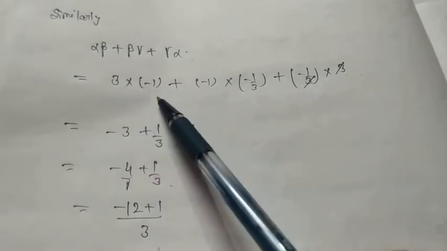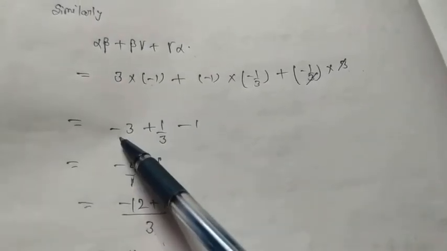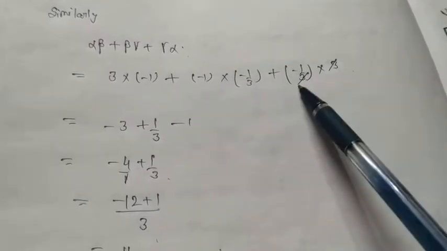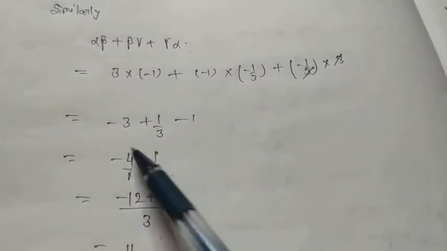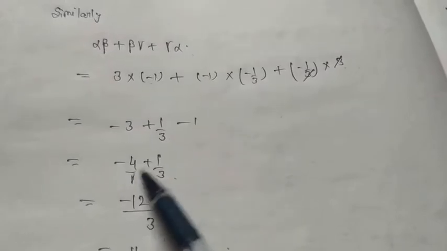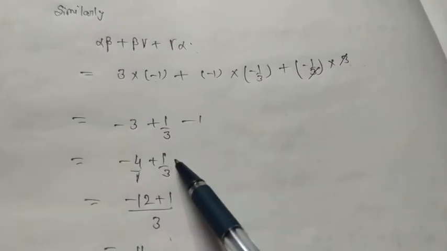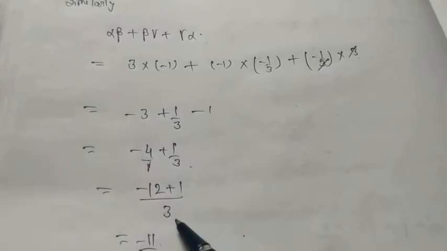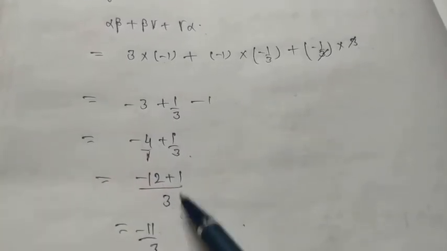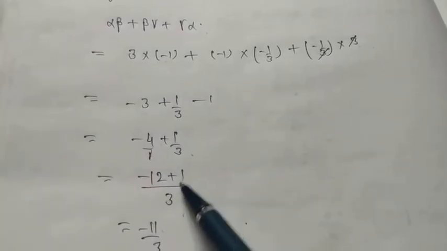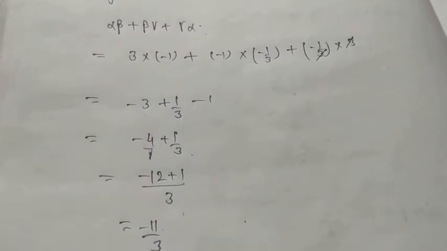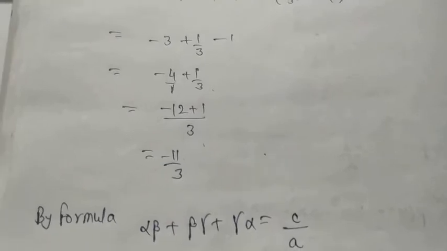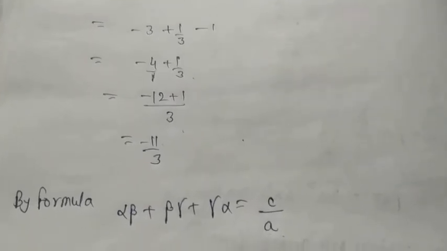So 3 into minus 1 will become minus 3, minus 1 into minus 1 by 3 will become plus 1 by 3, and the last term will become minus 1 because 3 will cancel. So minus 3 minus 1 will become minus 4, and plus 1 by 3. When you solve it, taking LCM 3, it will be minus 12 plus 1. So minus 12 plus 1 will become minus 11 by 3. So this we have calculated by just putting the values of alpha, beta, gamma.